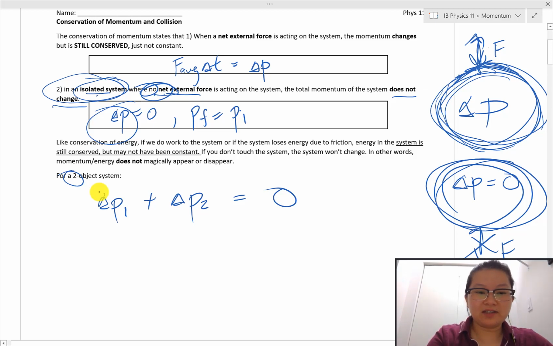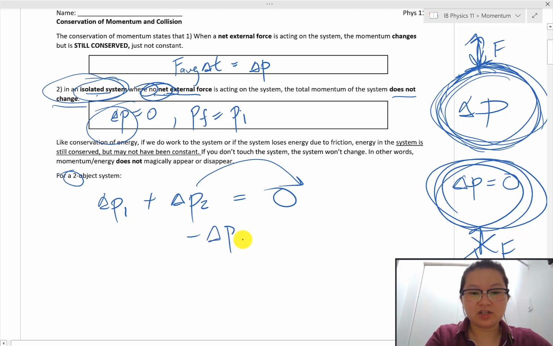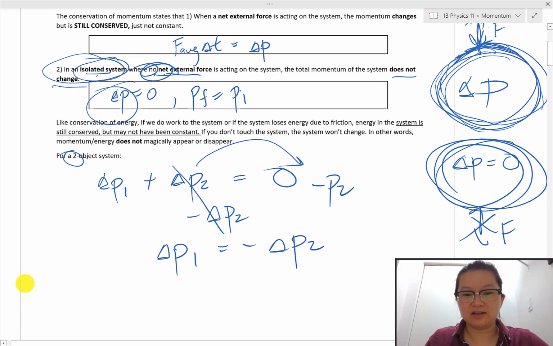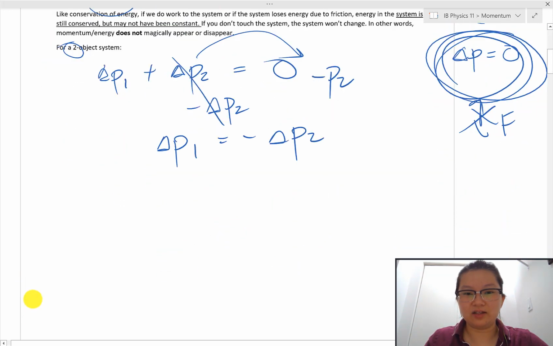So if I move this guy to the other side, that's a negative change. I subtract the change in momentum of mass 2 on both sides of my equation, and I'm left with the change of momentum of mass 1 equals the negative change of momentum of the second mass. Hey, that's starting to look like something.